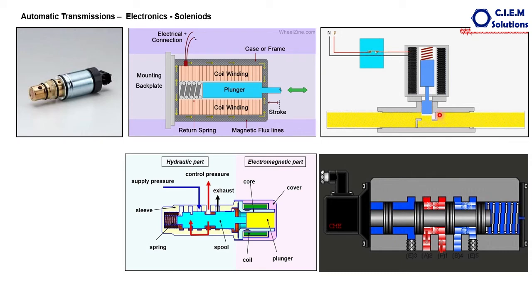The opening of the solenoid depends on the amount of current received by this solenoid coil, and the amount of current received is determined by the brain of the transmission, that is the transmission control module.